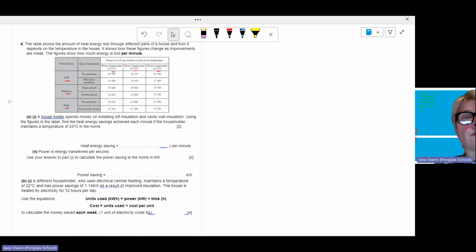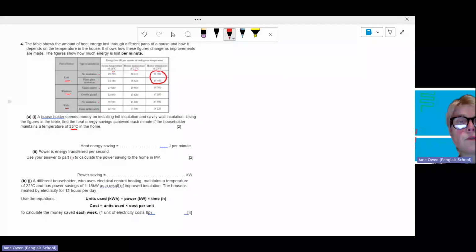So if we put fiberglass insulation in, then we are saving, for example, the first question is for 23 degrees C. The householder spends money on installing the loft insulation and cavity wall insulation. And we've got to use those figures in the table to find the heat energy savings.